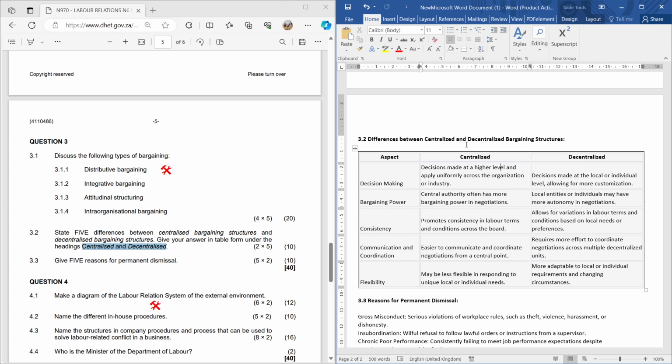So it promotes proper communication, right? So with decentralized bargaining structures, in terms of communication and coordination, it requires more effort to coordinate negotiations across multiple decentralized units. So imagine if now you have 3 employees coming to the same supervisor with different inputs on this particular system, or maybe multiple systems, right?